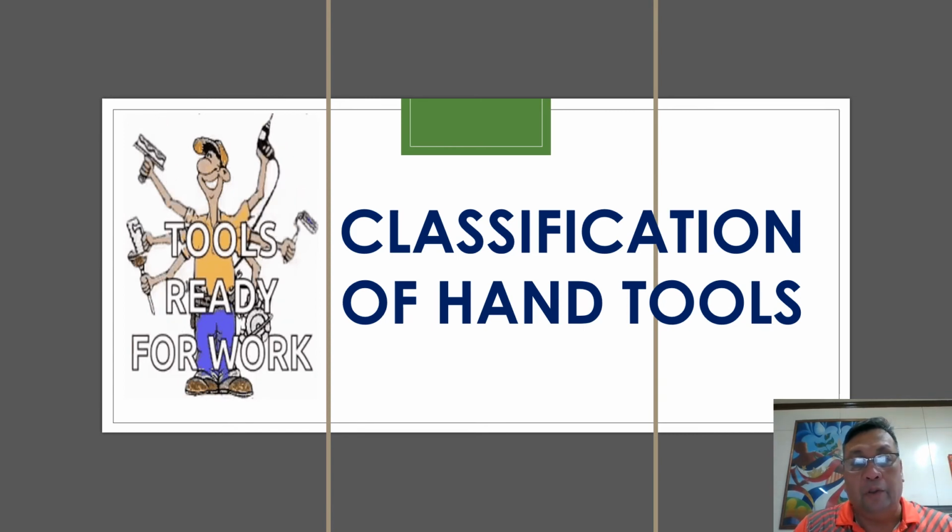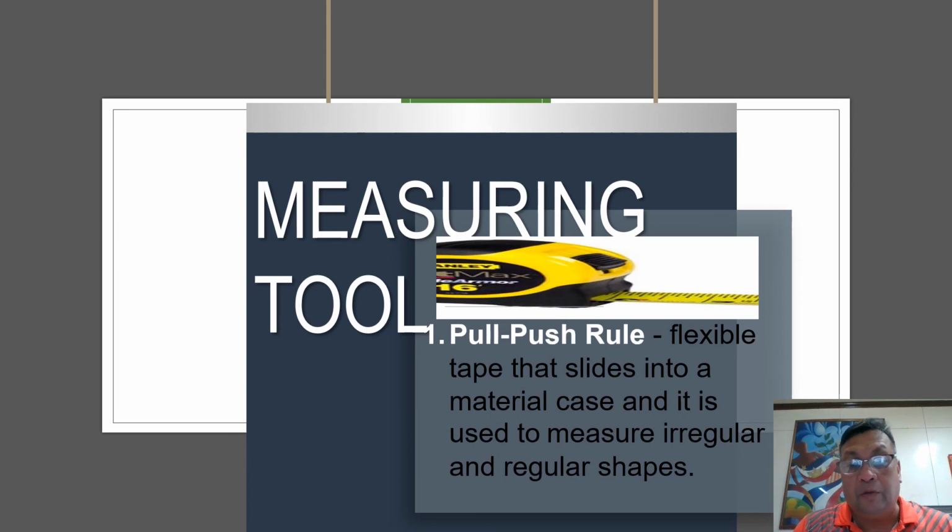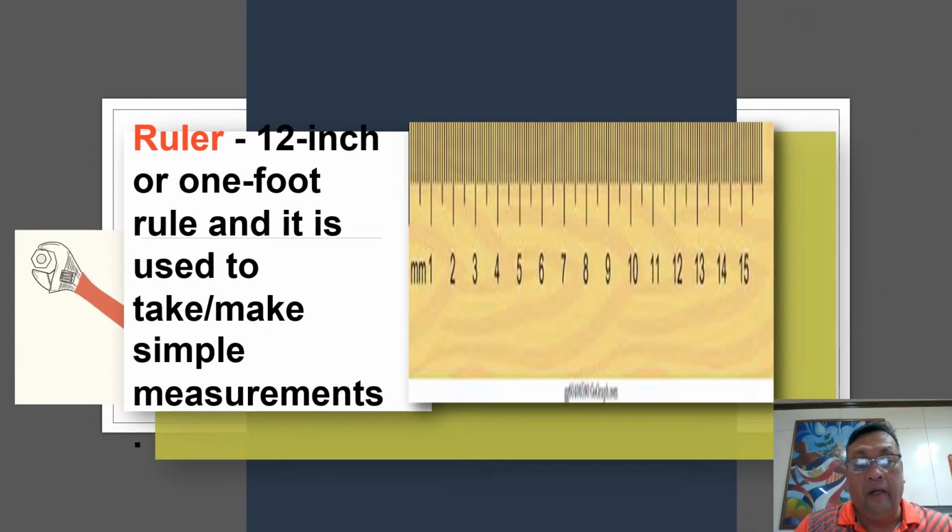Classification of hand tools. Measuring tools. Push-pull rule: flexible tape that slides into a metal case and is used to measure irregular and regular shapes. Ruler: 12-inch or 1-foot rule, used to make simple measurements.